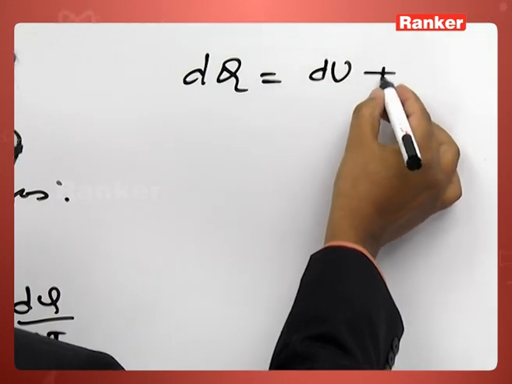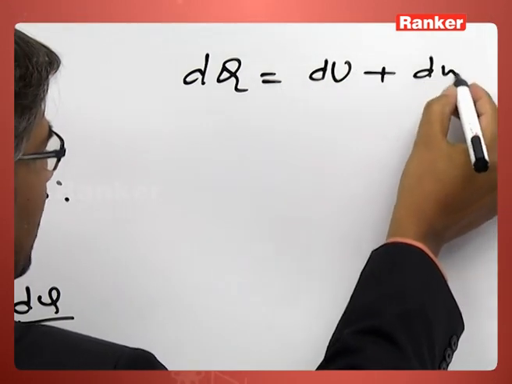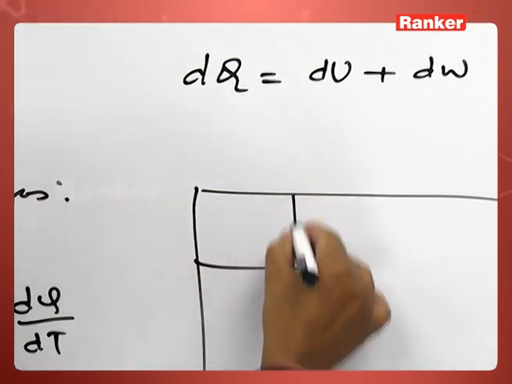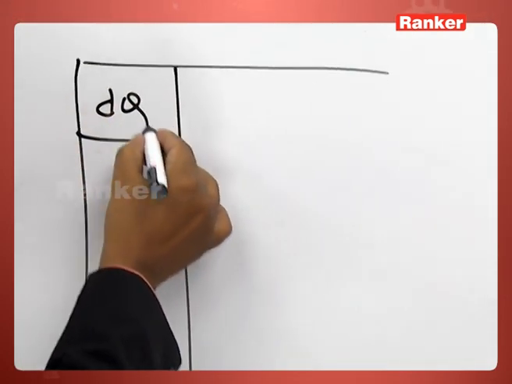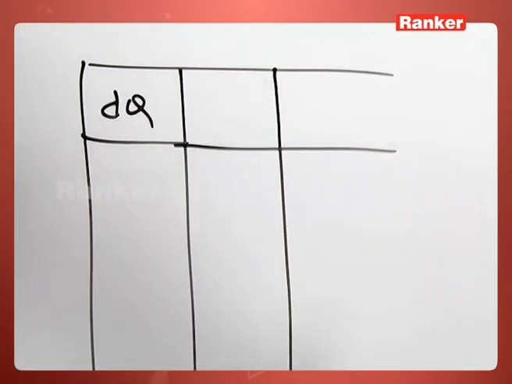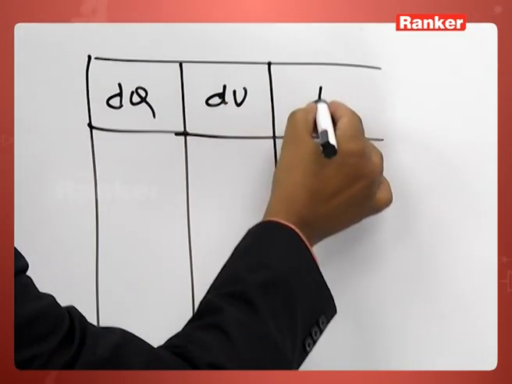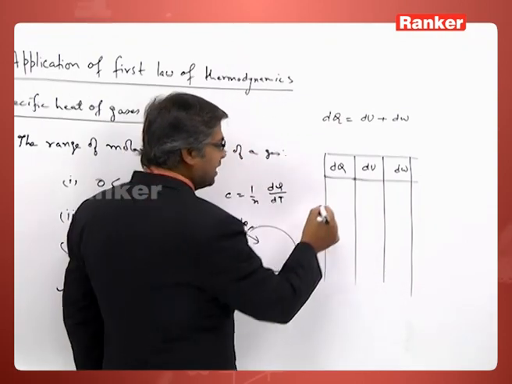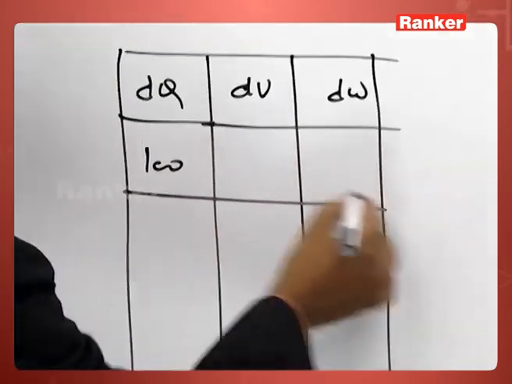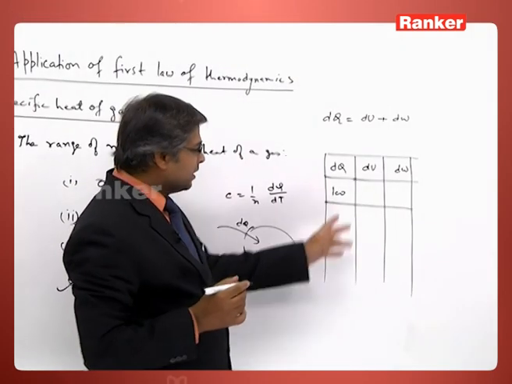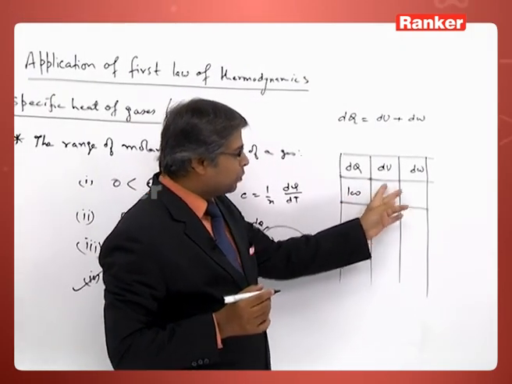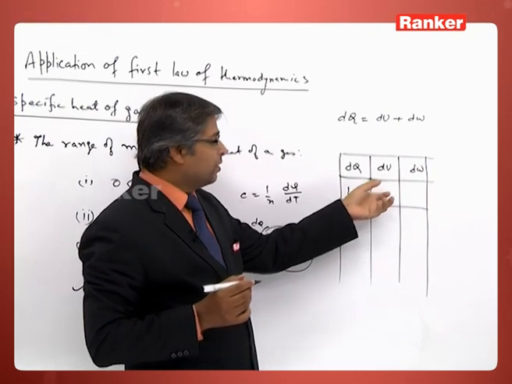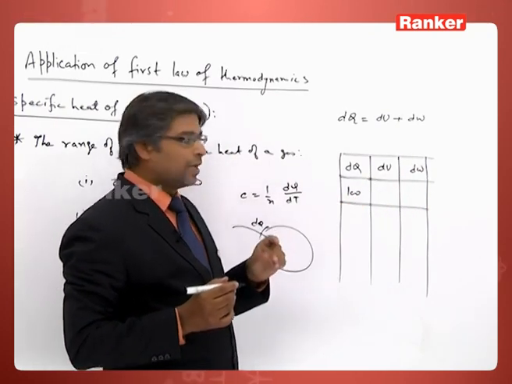Delta Q is equal to delta U plus delta W. Now suppose I have delta Q, this is delta U and this is delta W. If I give 100 joule of heat inside, then depending on how much is used in delta U and how much in delta W, we will get different values of specific heat.